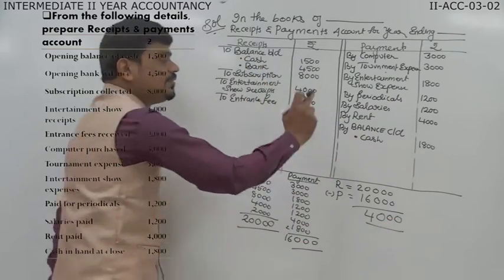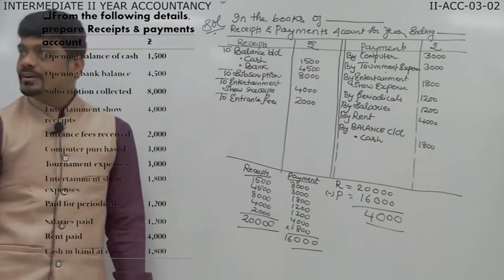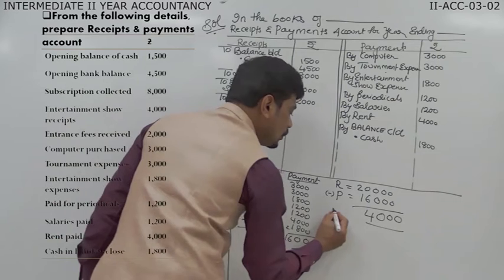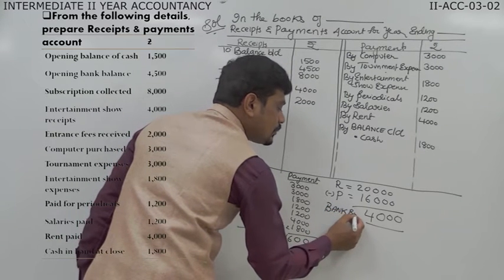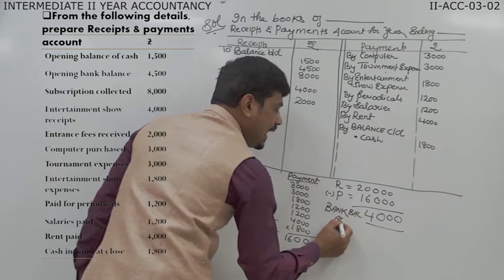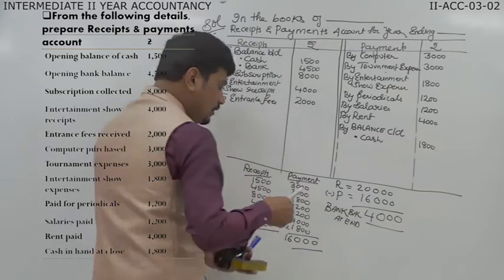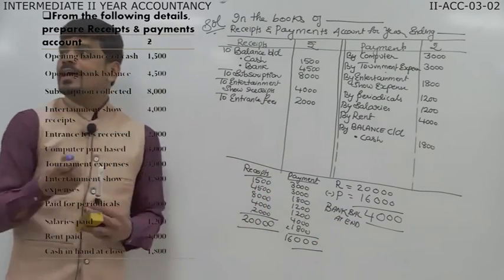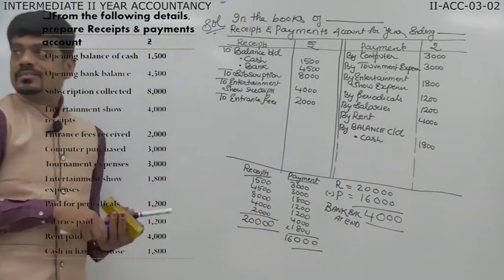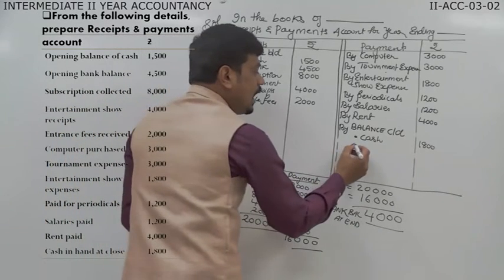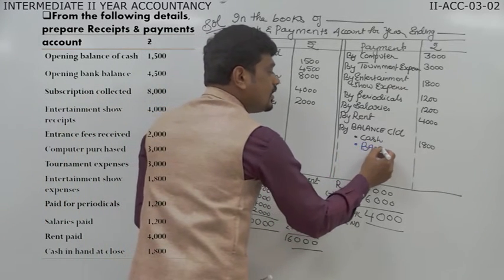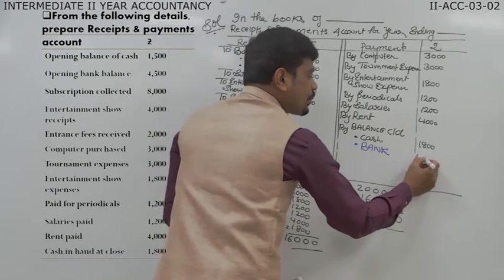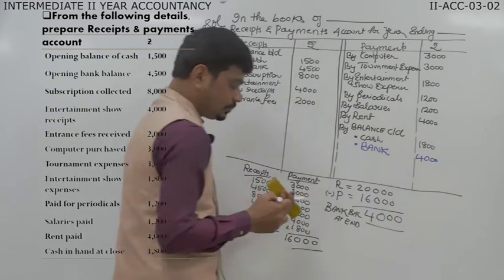Since here we are given the balance of cash at end, this will be assumed as the bank balance. This is the bank balance at end. Now we are going to post it as a balancing figure. That is, on the credit side after the cash, we'll write, in another color for understanding, bank 4,000.